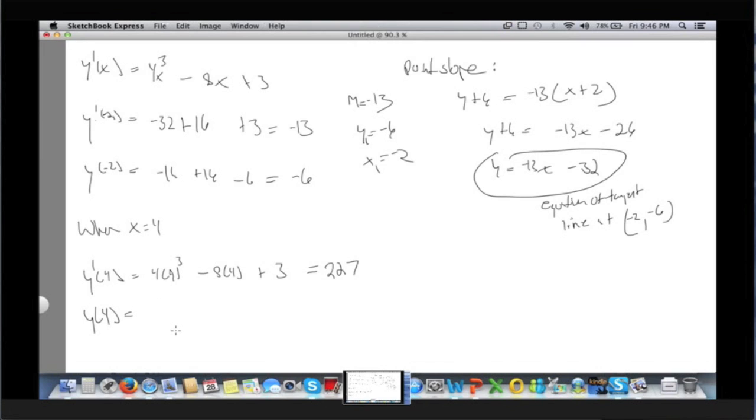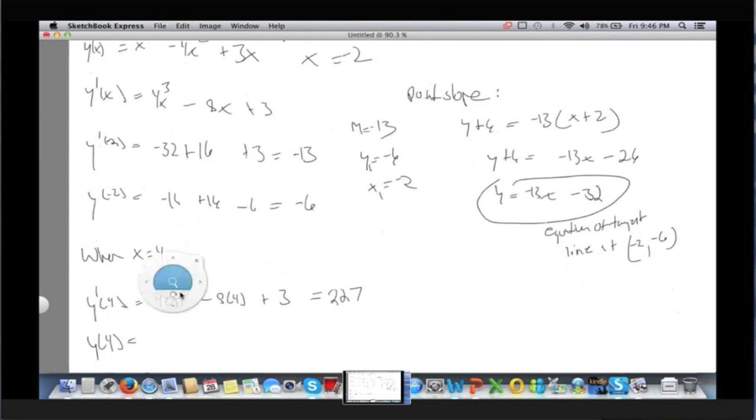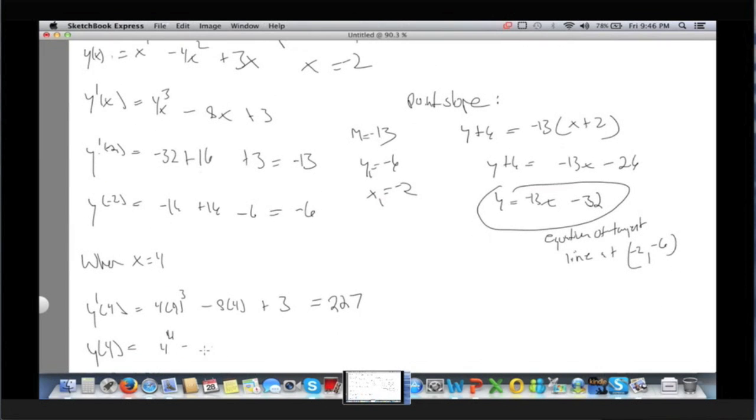So this is going to give us y when x equals 4. So I'm going to use the original function. 56 minus 64.